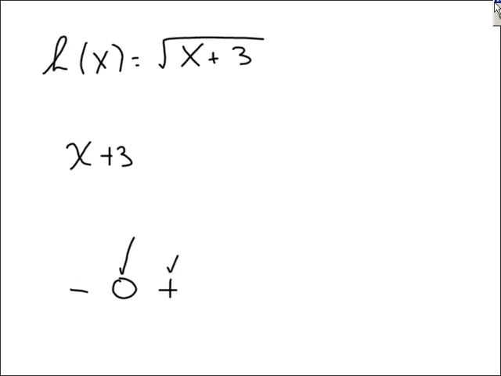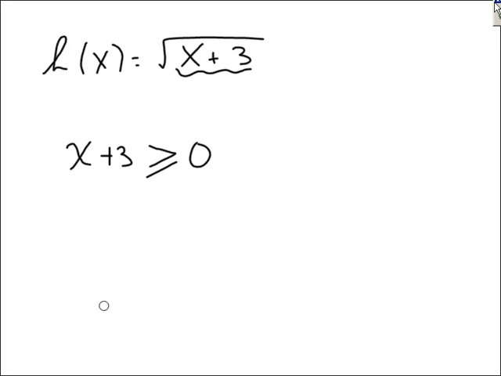You can take the square root of positive numbers, but you can't take the square root of negative numbers. So what's underneath the square root sign can be greater than 0 for positive, and it can even equal 0. Whatever is under the square root must be 0 or more.